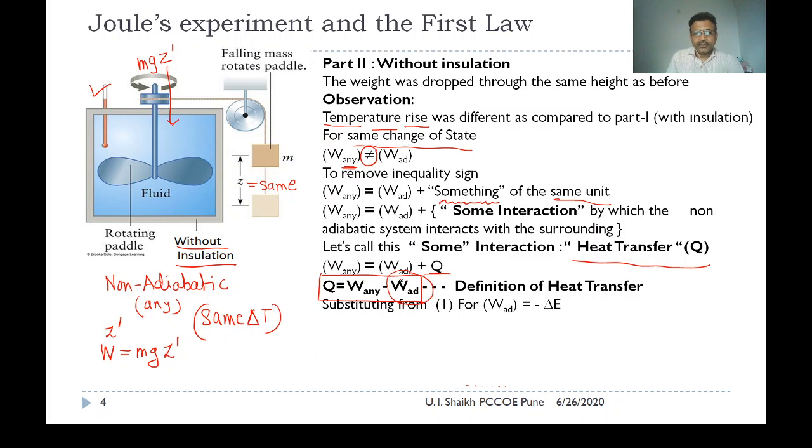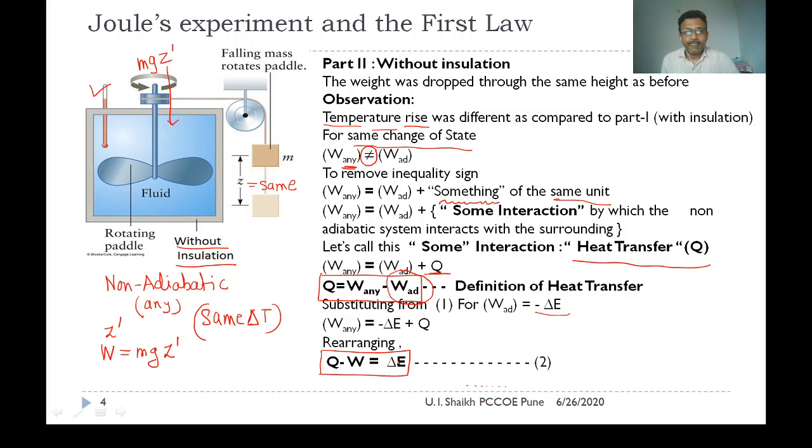So if you substitute for this as minus delta E and rearrange the equation, we get W NE is equal to minus delta E plus Q, and further rearrangement gives you the famous, well-known equation which is already known to you, that is Q minus W NE is equal to delta E. So in this way the final equation can be derived.